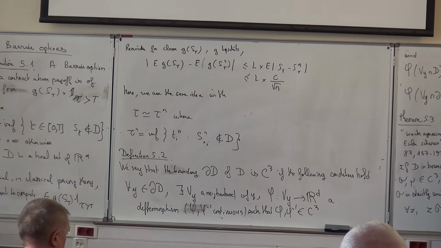Sigma is a matrix, z' sigma sigma transpose z is greater than some epsilon norm of z squared.